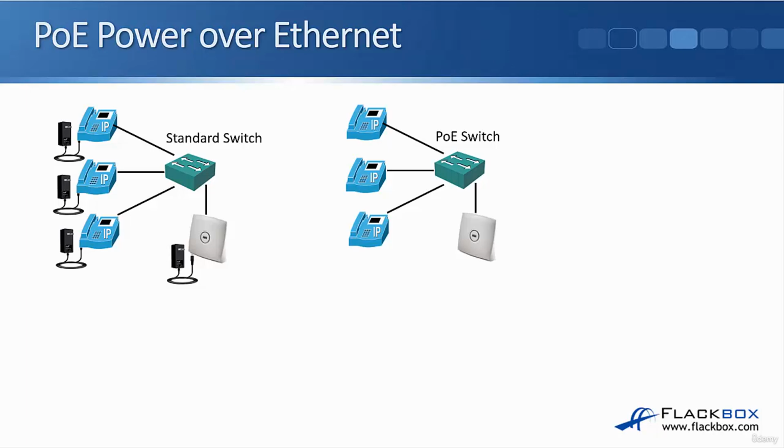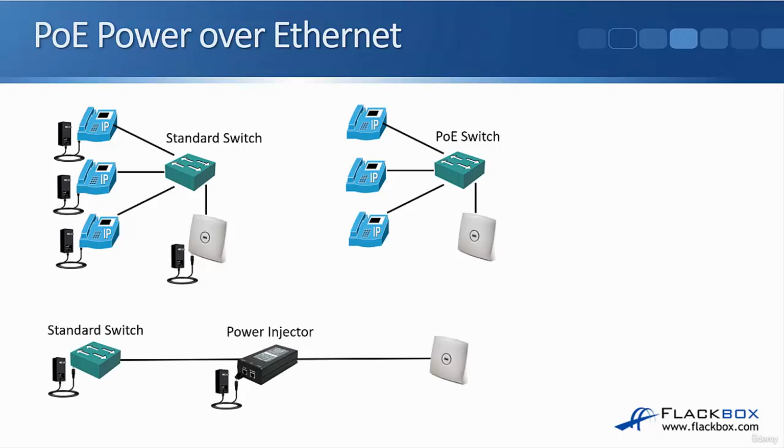Another thing that you'll sometimes see with PoE, but not as commonly, is if you're not using IP phones, but you do have just wireless access points there. Well, if you've got a wireless access point which is in a location where it's hard to get power to, for example, maybe it's in the roof in a warehouse and there's no power points near there, then what you can do is you can use a power injector.